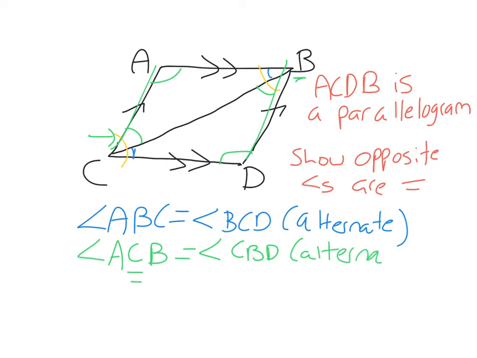Now remember, I can't prove that 2 triangles are congruent just based on angles alone. What I have to do is have at least 1 pair of sides, and I can do that easily because I know that CB is in both triangles. So I just write CB is common. So this is my proof. I've shown angle, angle, side. Therefore, the 2 triangles are congruent.